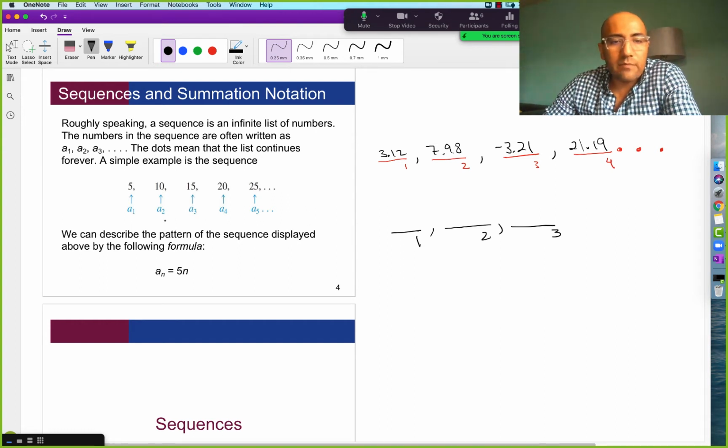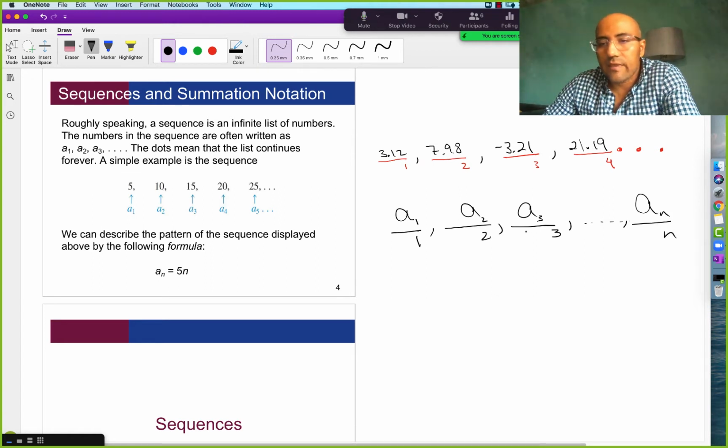It could be any letter, but A is a very popular one to use. So a sub 1 indicates that it's the first value on my list. This little subscript, this little 1, indicates that it's the first one on my list. A sub 2, a sub 3, and so on. The nth one on my list is the a sub n.